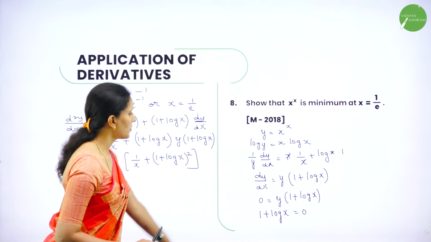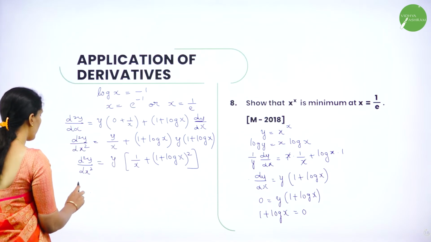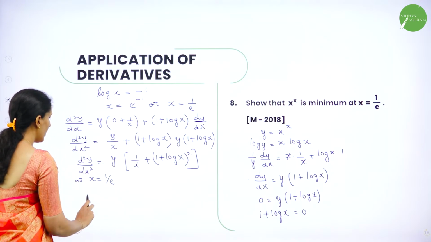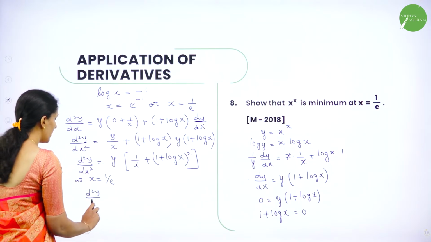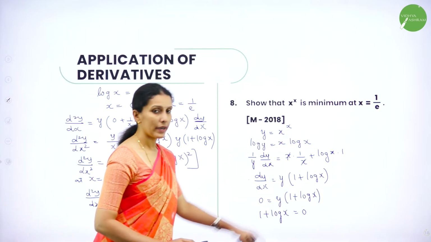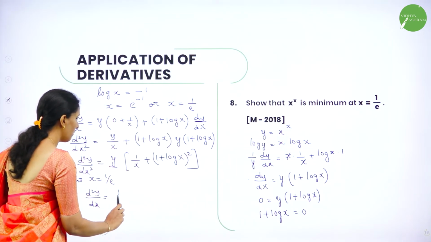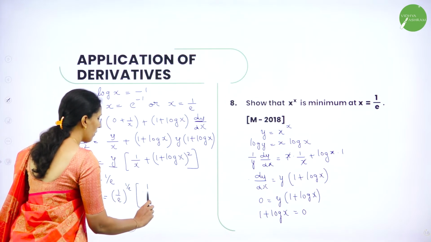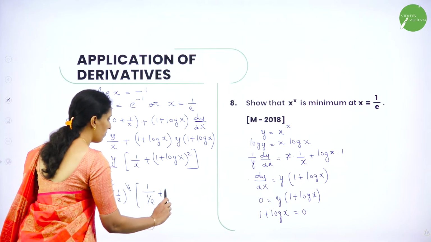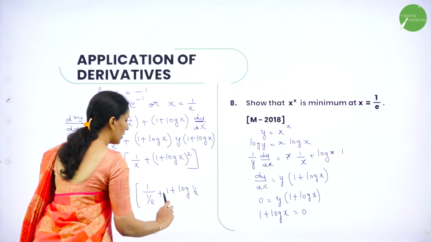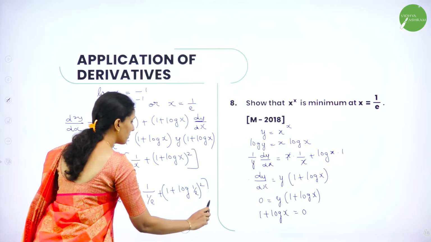Now here substitute x is equal to 1 by e. So at x is equal to 1 by e, d square y by dx square: y is nothing but x to the power x. So I can write 1 by e whole to the power 1 by e, and here 1 over 1 by e plus 1 plus log 1 by e whole square.